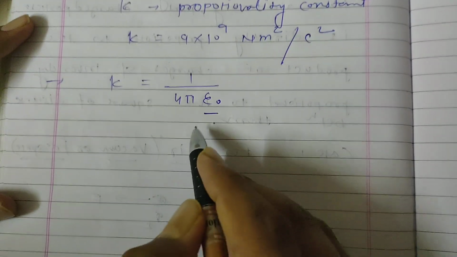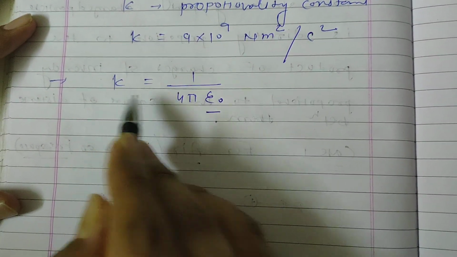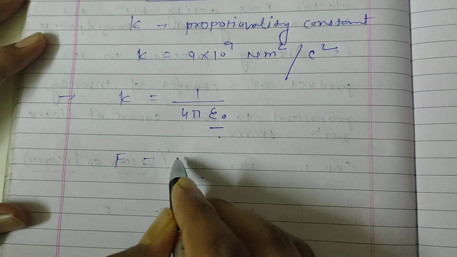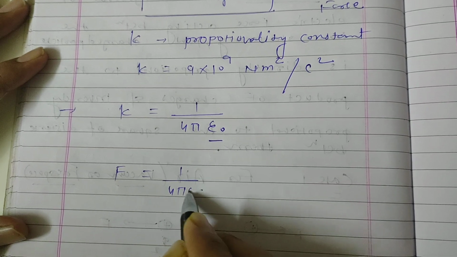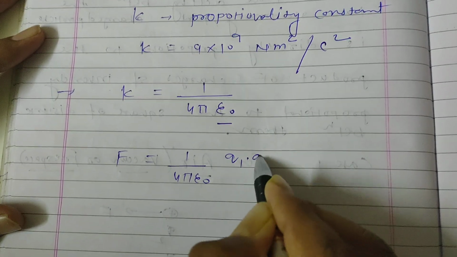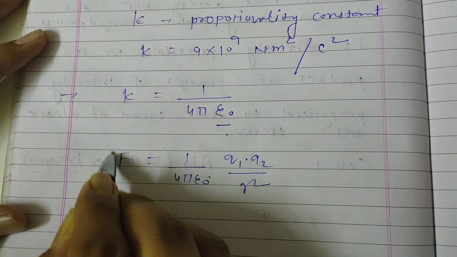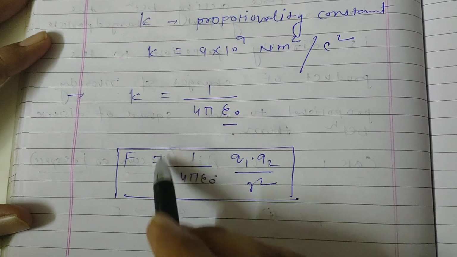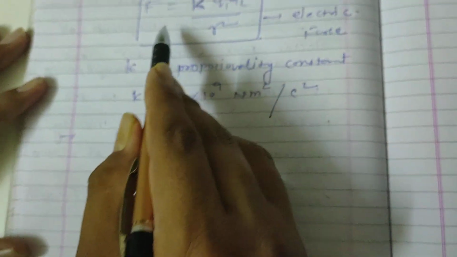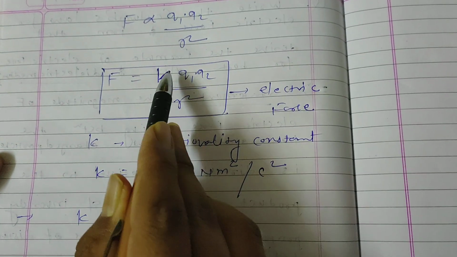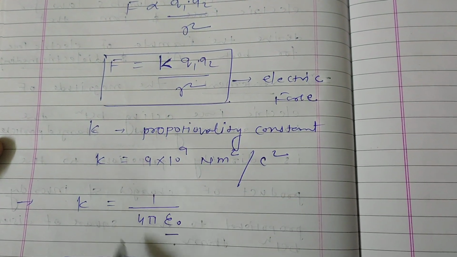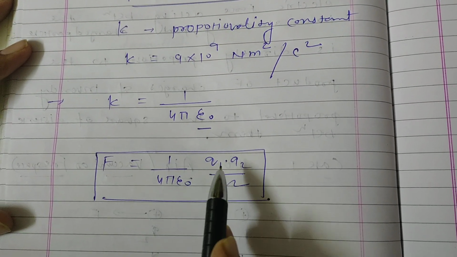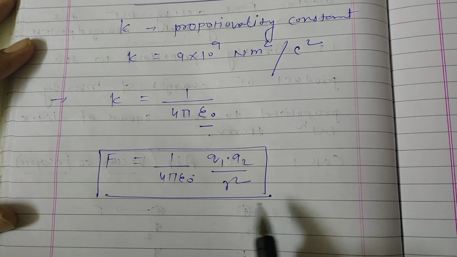So if k is written like this, then at the place of small k we put 1 by 4 pi epsilon naught, and F equals 1 upon 4 pi epsilon naught q1 q2 by r square.